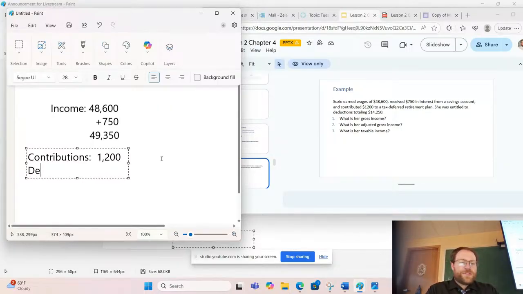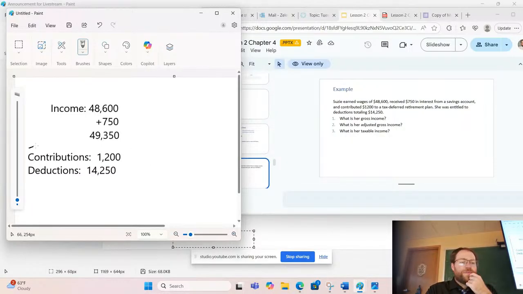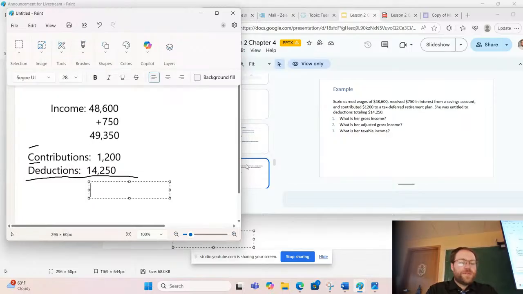What were her other deductions? $14,250. So if you take the $49,350 minus contributions and minus deductions, what are you left over with? $33,900.